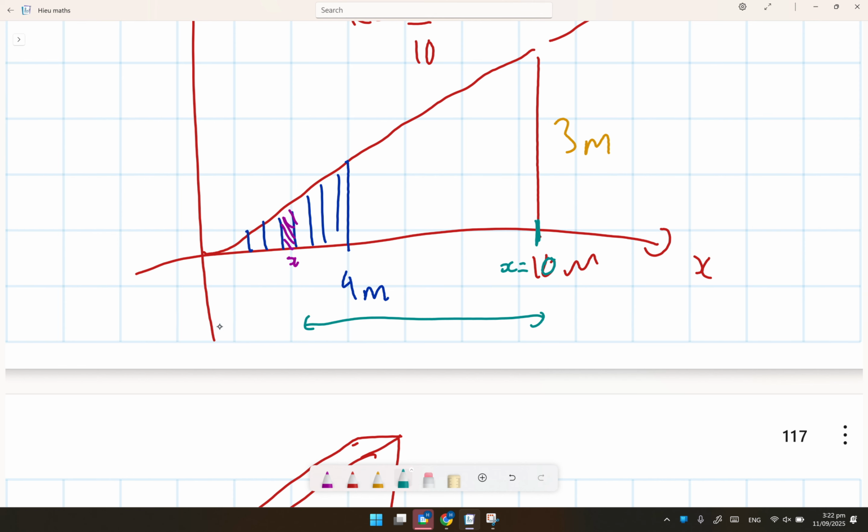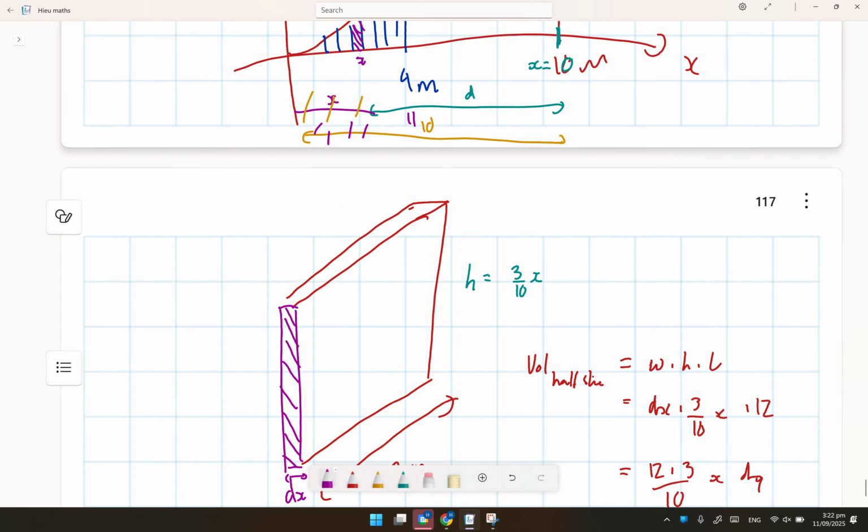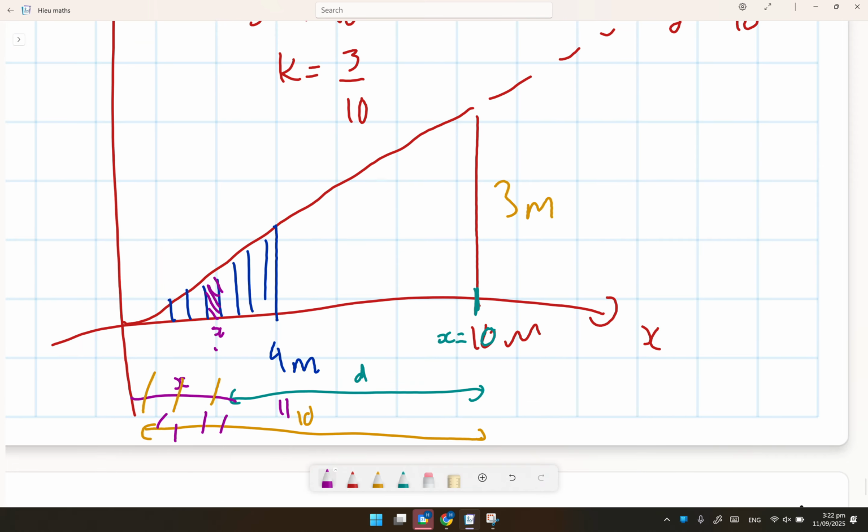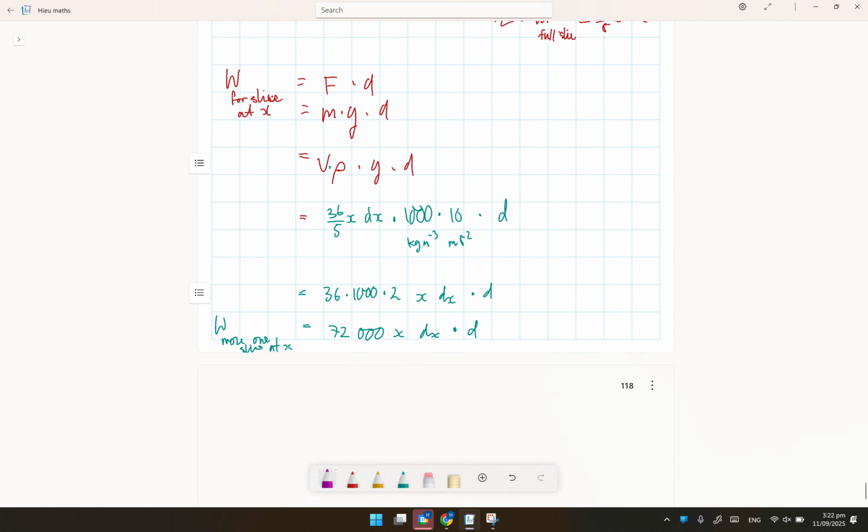This length here is x. This is the distance, and this long length here, let's do it in yellow, this length here is 10. Well, if we take 10 and we minus x, so we minus this part of it, then that's equal to d, right? The distance from x to 10 meters is just 10 minus x.